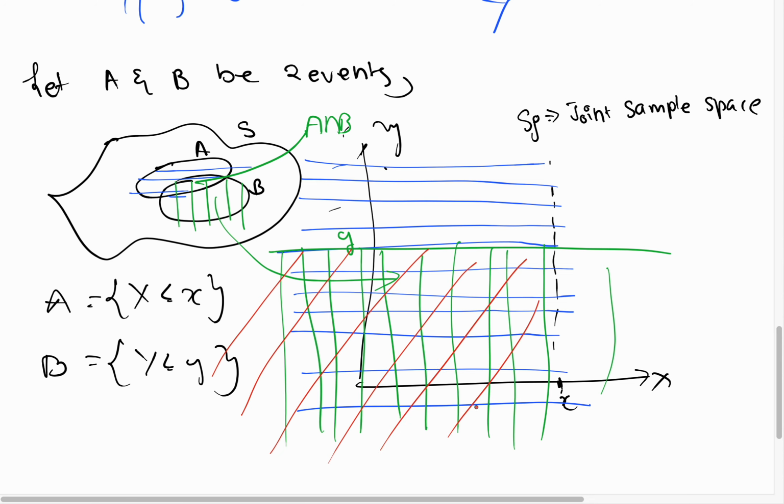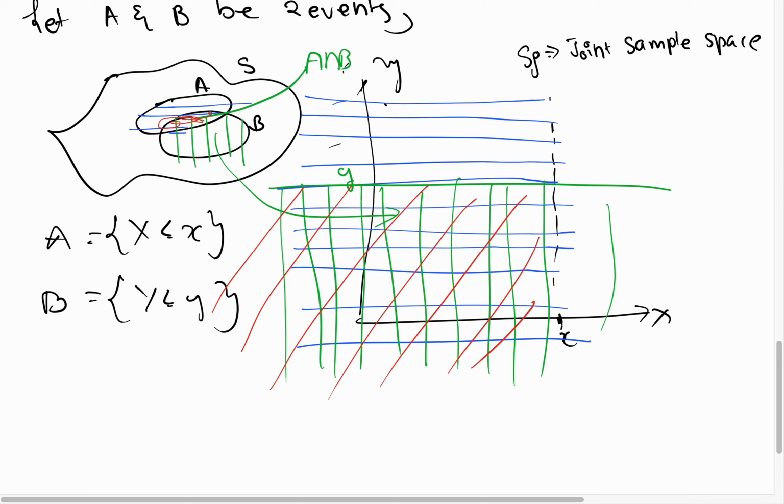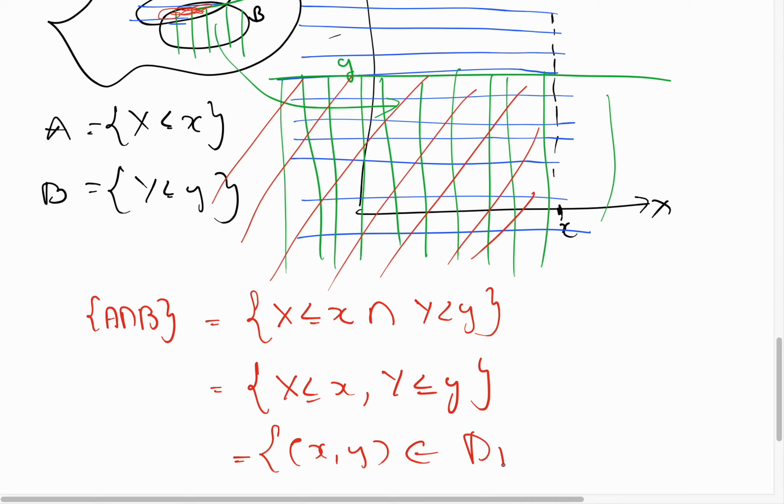A intersection B is equal to X less than x intersection Y less than y, and just for convenience we simply write it as X less than x comma Y less than y. We can also write it as x comma y belongs to this region D1, right.